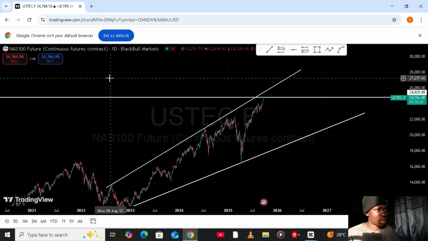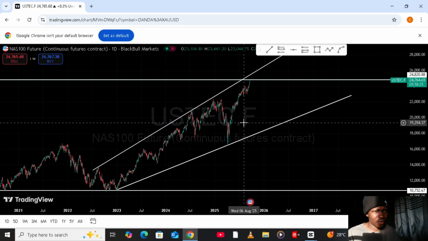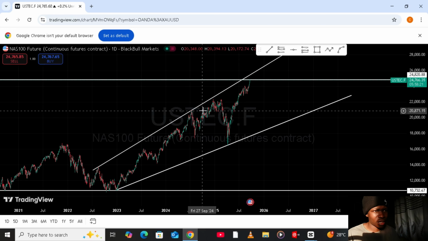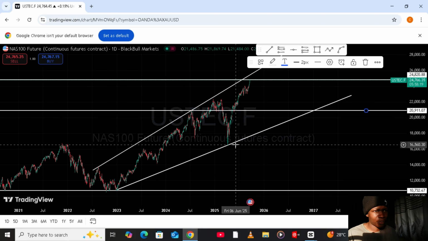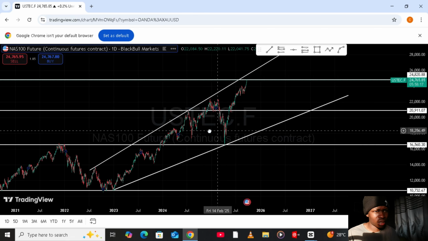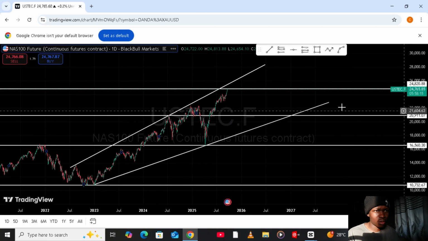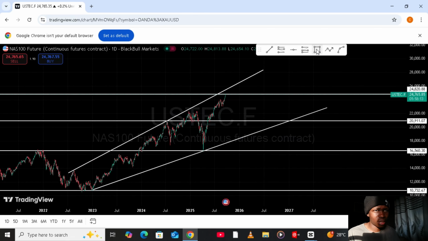But this is our daily time frame, and remember what I said about the touches. We have a touch over here, let's just draw a line, and then we have a touch over here, let's just draw a line. So now your chart looks like this, right?